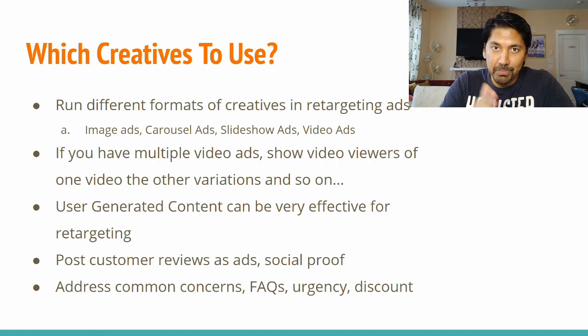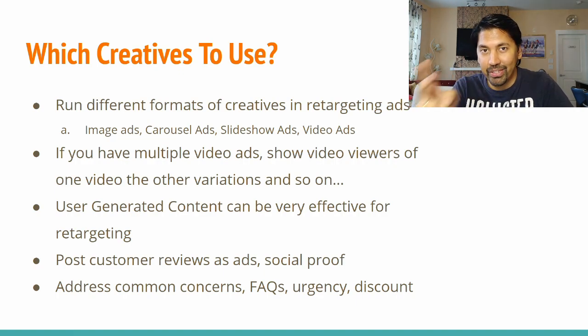If you have multiple video creatives that you're testing, then a good tip is if you can create custom audiences based on which video they have watched. Let's say you're testing 3 videos 1, 2, and 3. Then you can create a subset of audiences who have watched video 1, and then if you want to retarget them, show them video 2 and 3, right?